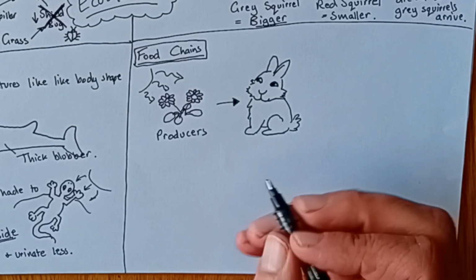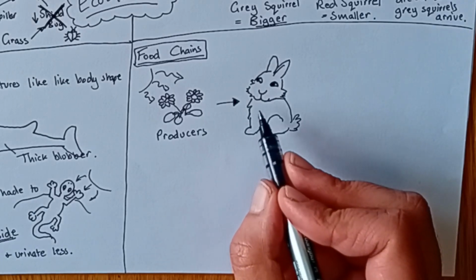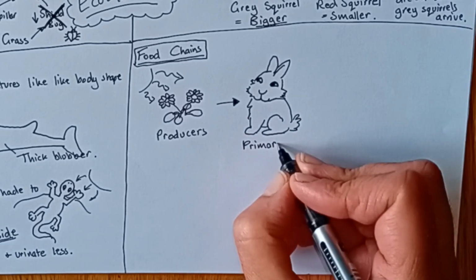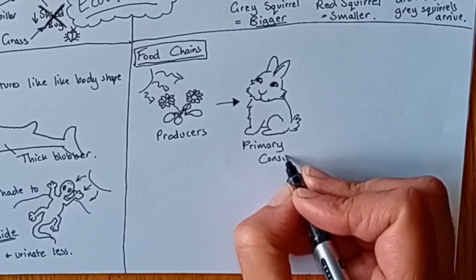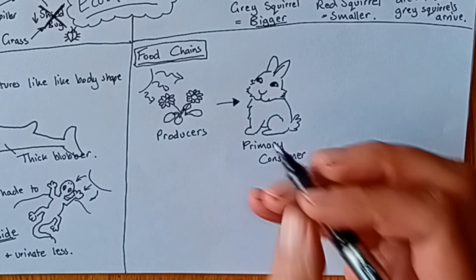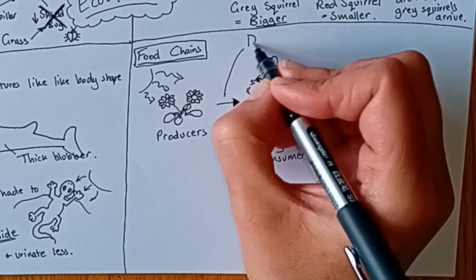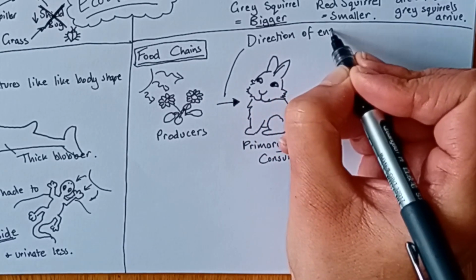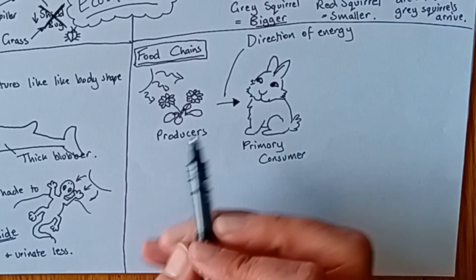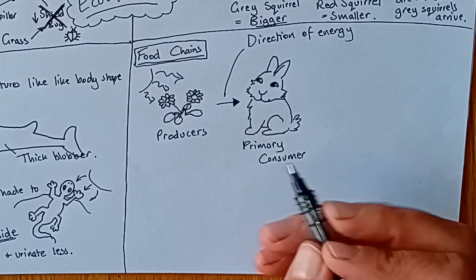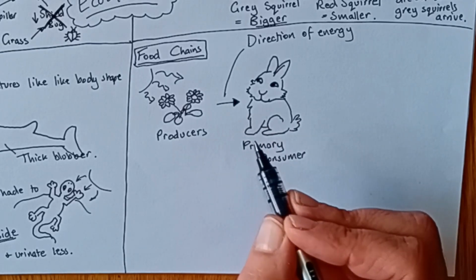Rabbits then eat daisies, so they are primary consumers. They are the first eaters. So primary means first, consumer means eaters. The arrow then always shows the direction of energy. So energy comes from the sun, it's gathered by chlorophyll in the leaves to make glucose, and the rabbit then eats that glucose and it turns it into rabbit cells.